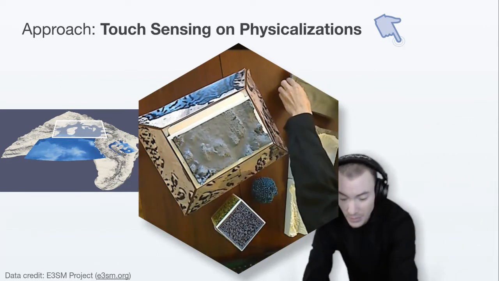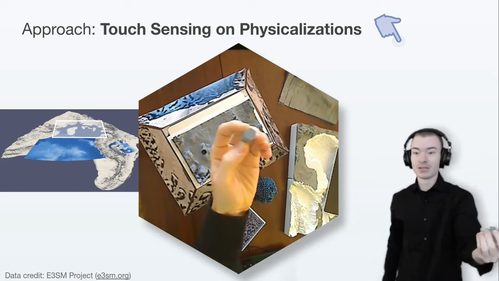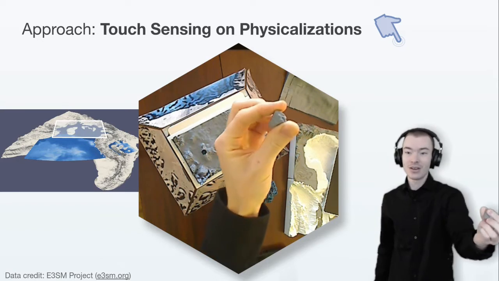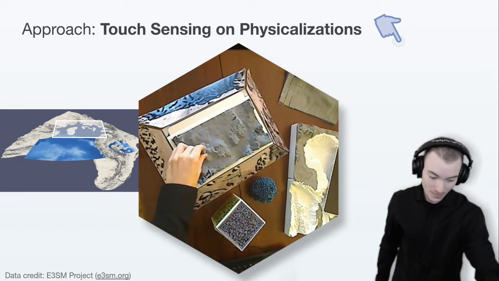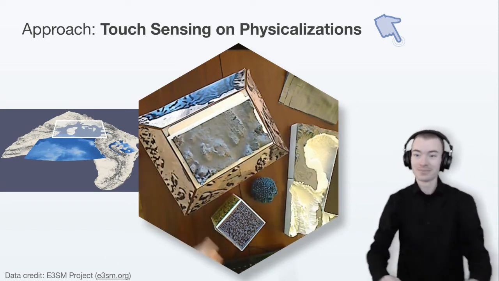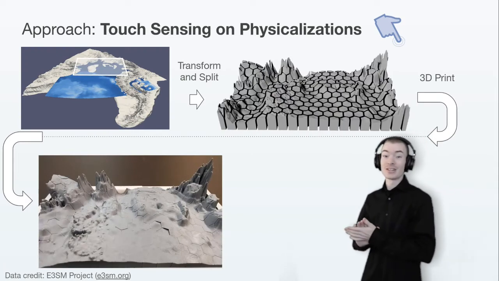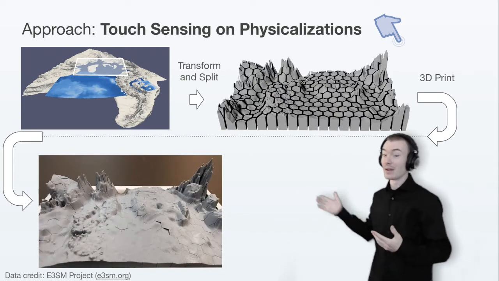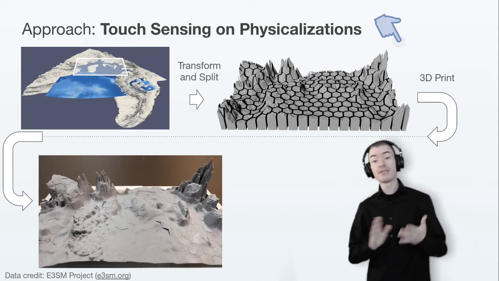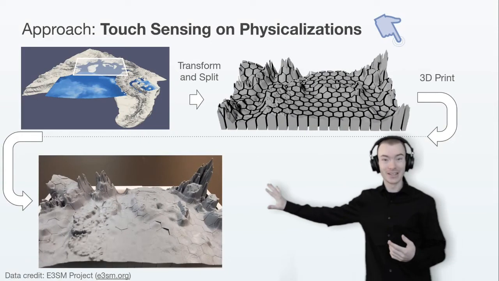But ultimately, we arrived at the design for these 1.5 centimeter diameter hexagons, which are then placed into our final physicalization. Once the physicalization is tiled and split, then we go ahead and print it. These columns are sliced in such a way that a regular FDM printer using PLA filament can print them. And indeed, that is what we did in our case.